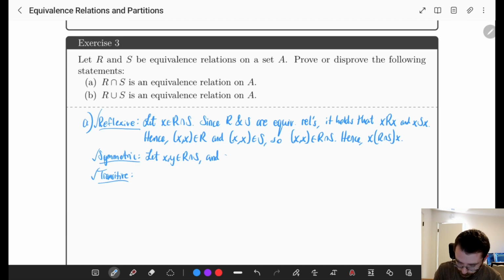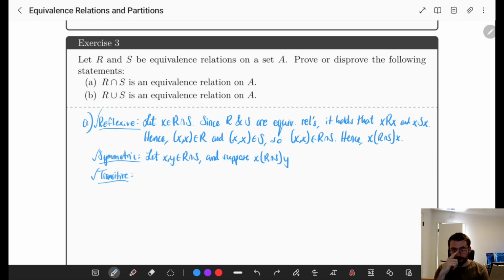Right, you always want to suppose x is related to y if you're proving symmetry. Remember, we want to prove something about the intersection relation. So x is related to y by that intersection relation.